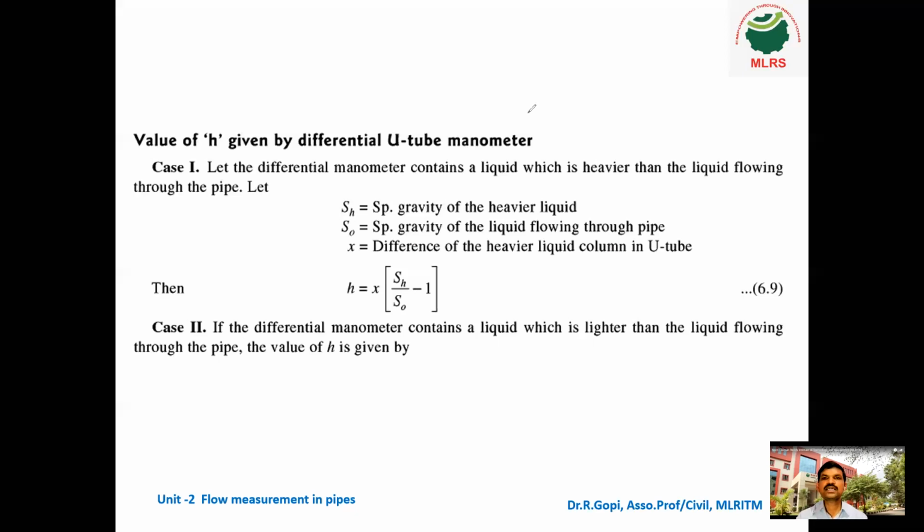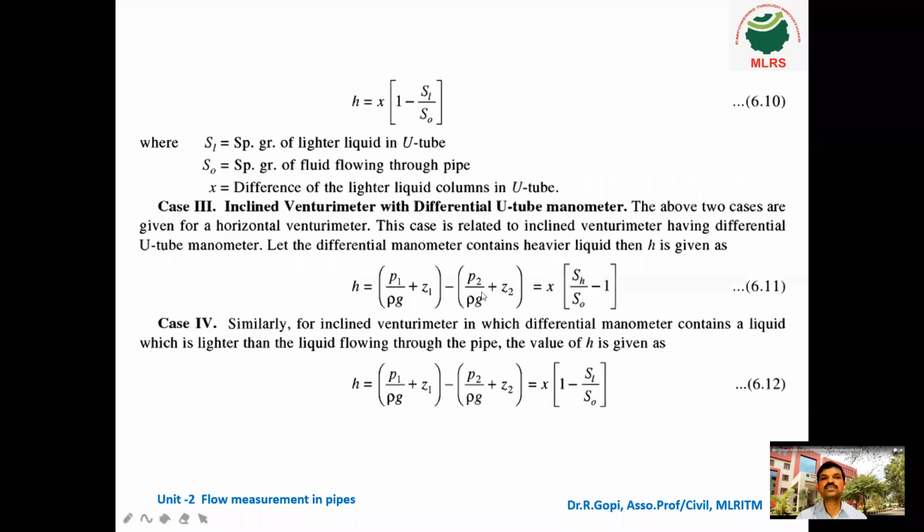In case 1, water was flowing. Now assume mercury is flowing, and in the U-tube manometer, instead of mercury, water is there. That means a lighter liquid. Under this case, what is the formula?